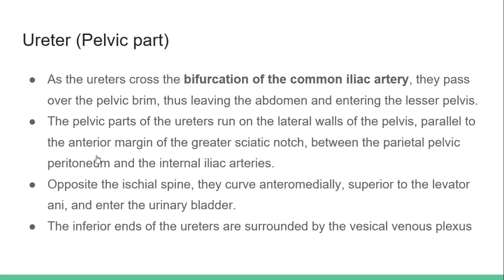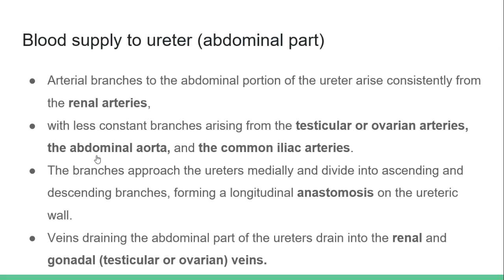We shall look at the ureter pelvic part. Earlier on we looked at the blood supply to the ureter, and we knew that the arteries branching into the abdominal portion of the ureter arise from the renal arteries, with less constant branches arising from the testicular or ovarian arteries, the abdominal aorta, and the common iliac arteries.